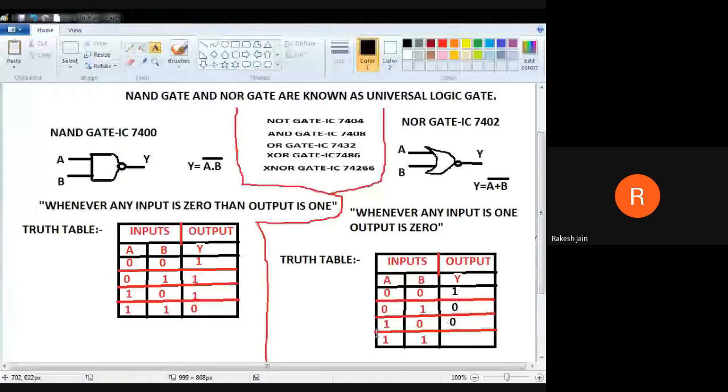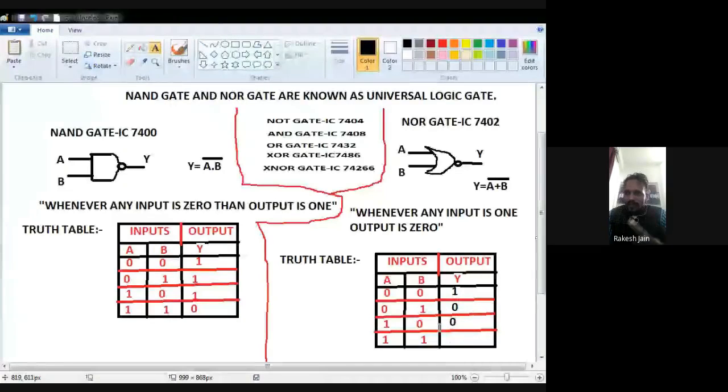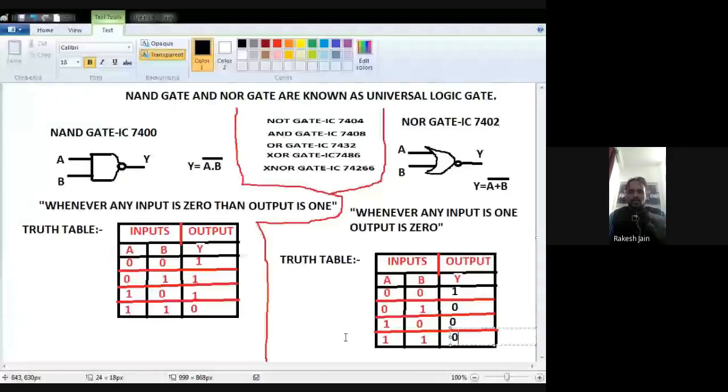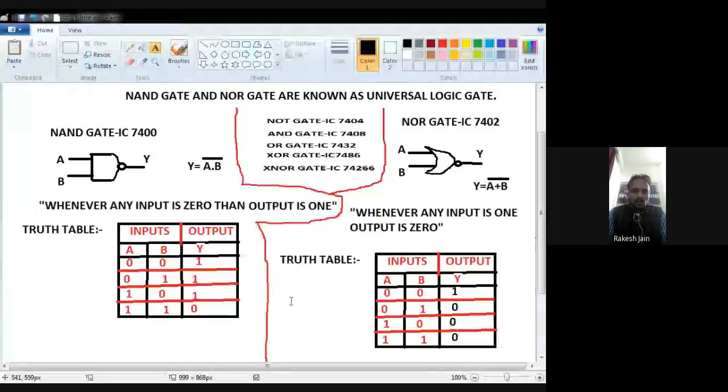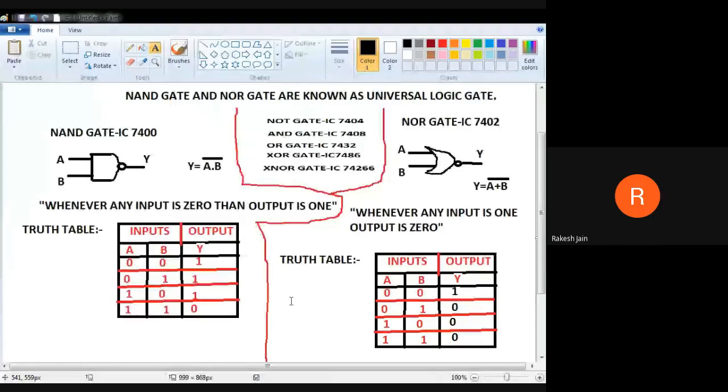So 0 0, there is no 1, so I type here 1. This is my output. Here 0 1, you find 1, whenever you see any 1, just type 0. 1 0, again you find 1, so just type 0 at the output. 1 1, again you find 1, again type 0. So this is the truth table.